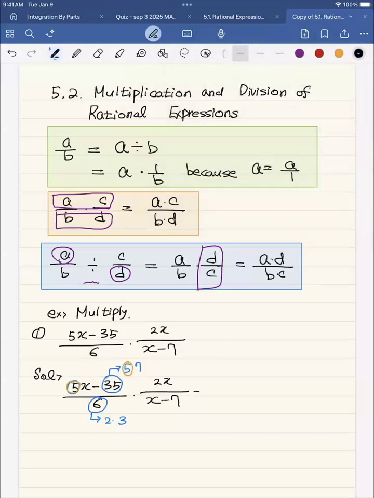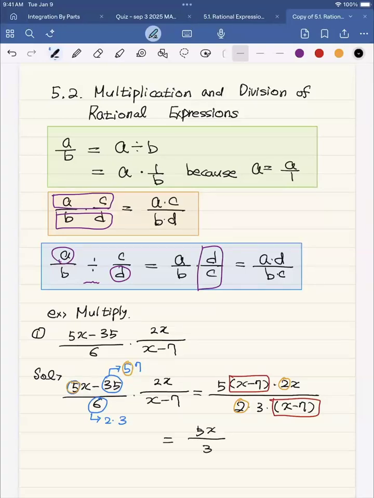We will take that out. Then that'll be 5 times x minus 7 times 2x over 2 times 3 times open parenthesis x minus 7. And then these two will cancel each other. And this x minus 7 and this x minus 7 will cancel each other. And then we have 5x over 3.